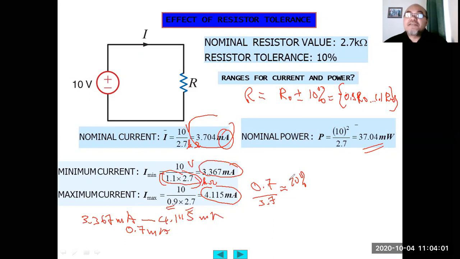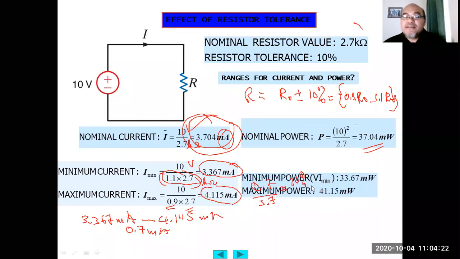That is why the range of the current is also 20% of the nominal current value, about 0.7 milliampere from the minimum current to the maximum current.